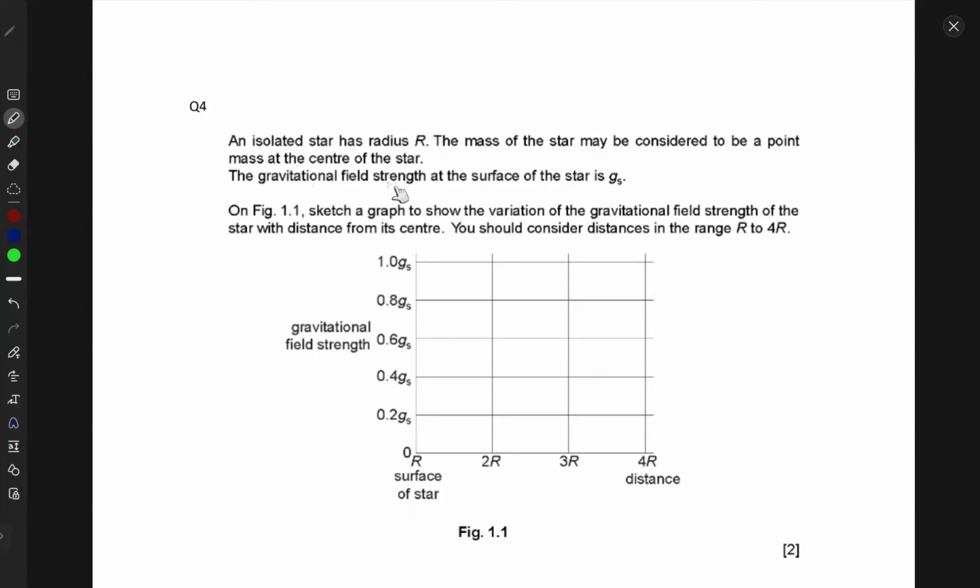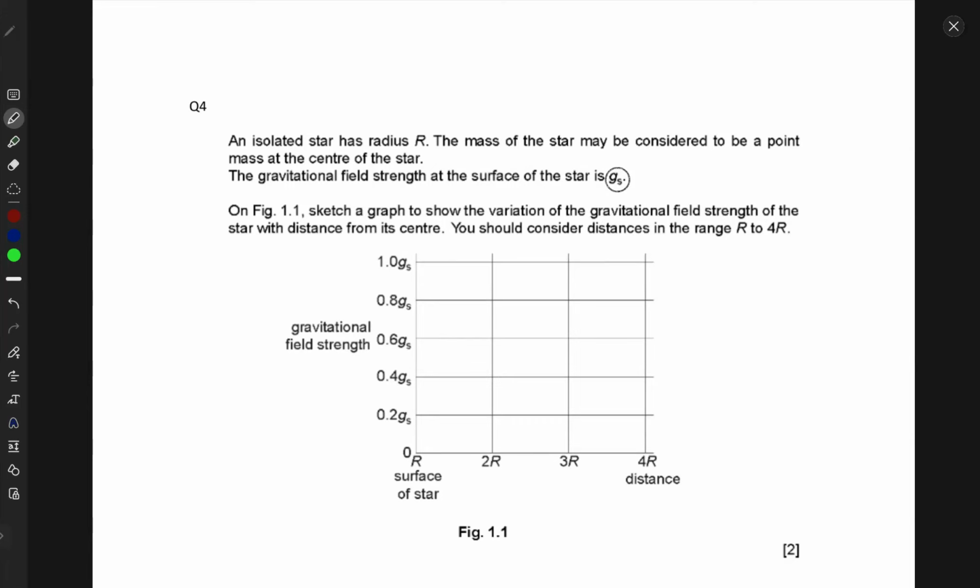Now, the gravitational field strength at the surface of the star is given as GS. On this figure, sketch a graph to show variation of gravitational field strength of the star with distance from its center. You should consider distances in range r to 4r.